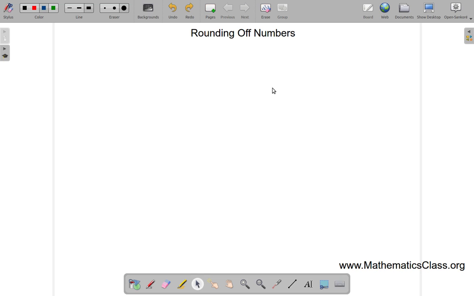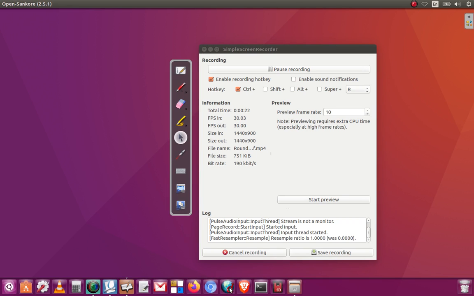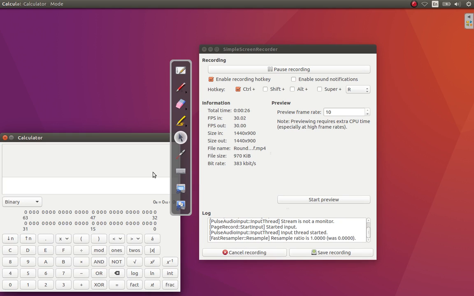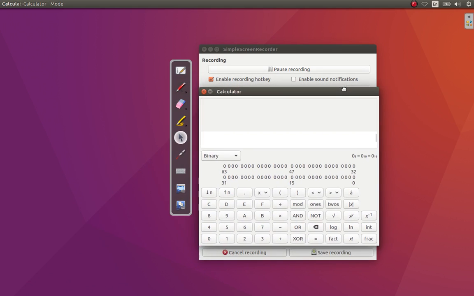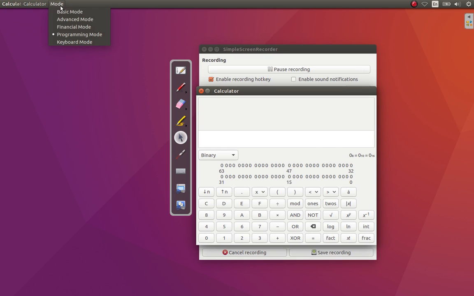Let's just look at this issue of rounding off numbers. If you write a number, for example, you're writing down pi, let me take my calculator and look at the value of it.